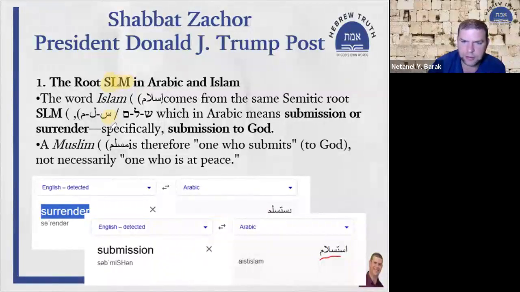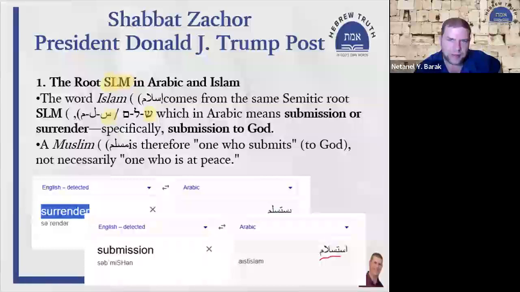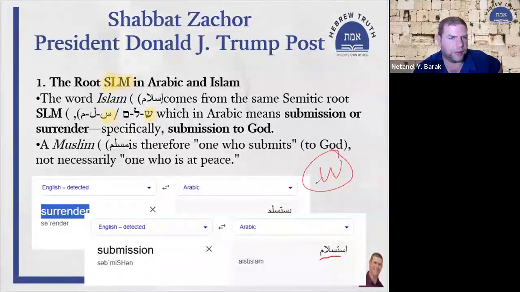The s looks like a shin a little bit if you have good imagination. I'll use my pen to show you the slight similarities between these two. Think of something like a W, because the origin of the W is indeed the shin, the Proto-Semitic shin.